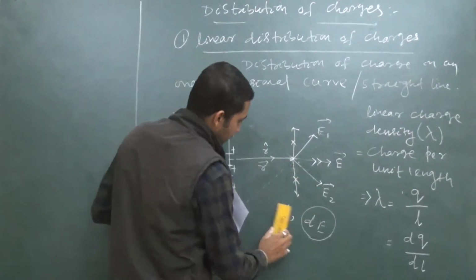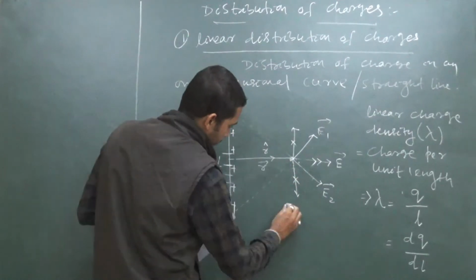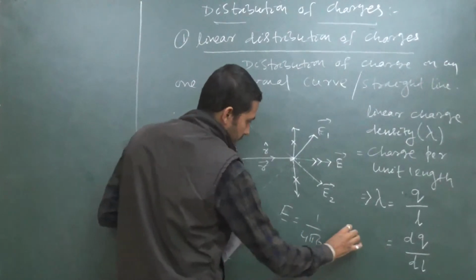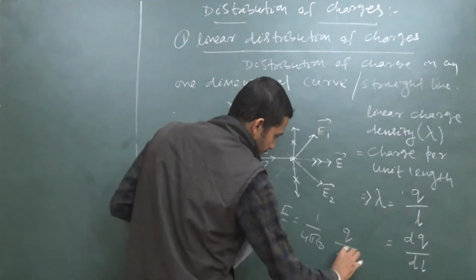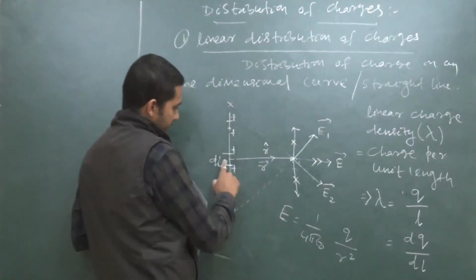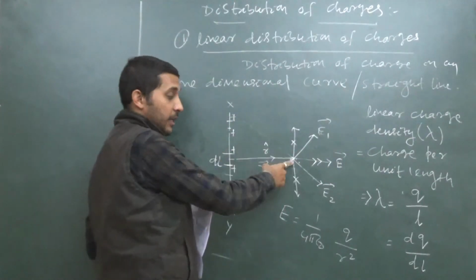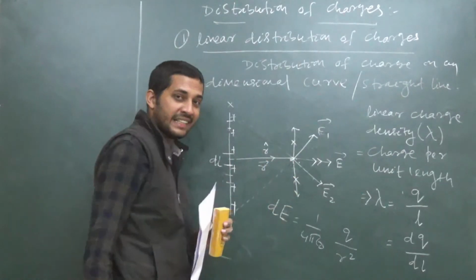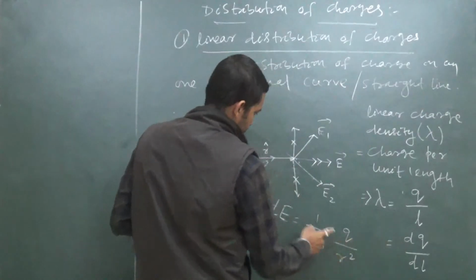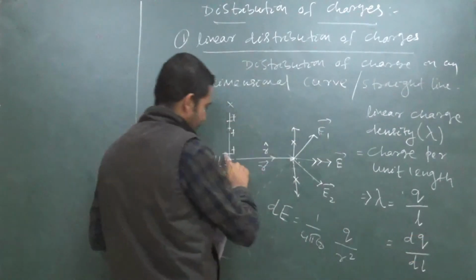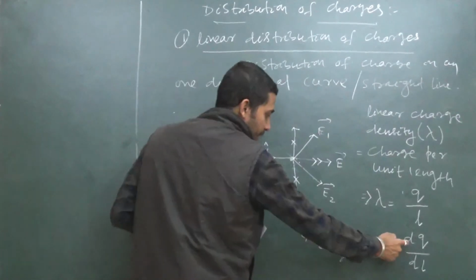So, directly representing the expression, we have E equals 1 by 4 pi epsilon naught Q divided by r square, in magnitude. As this element whose effect we are calculating is very small, the electric field is very small, dE. And the charge inside this element is also very small, so it can be dq.